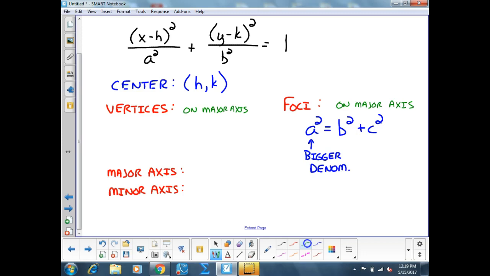What else can we say about vertices? They're the endpoints of the major axis, right?